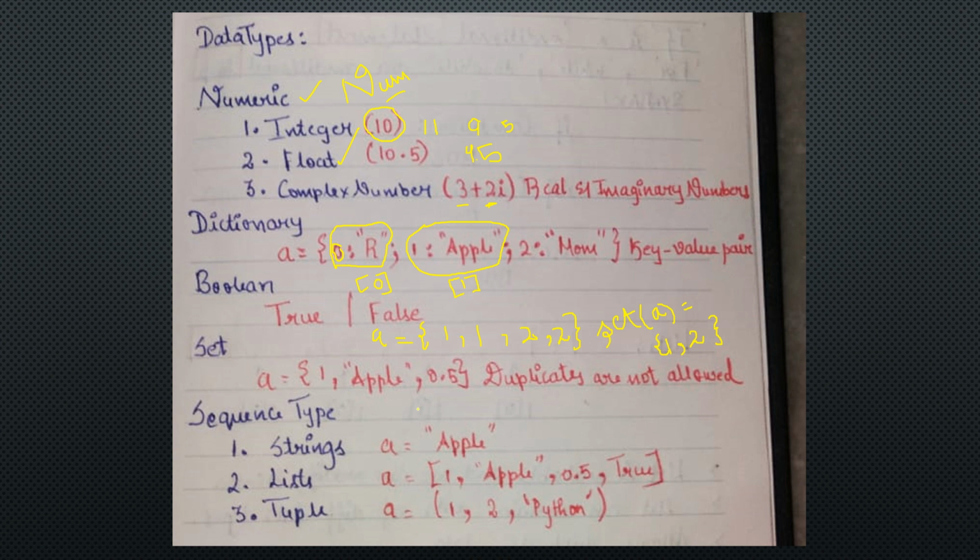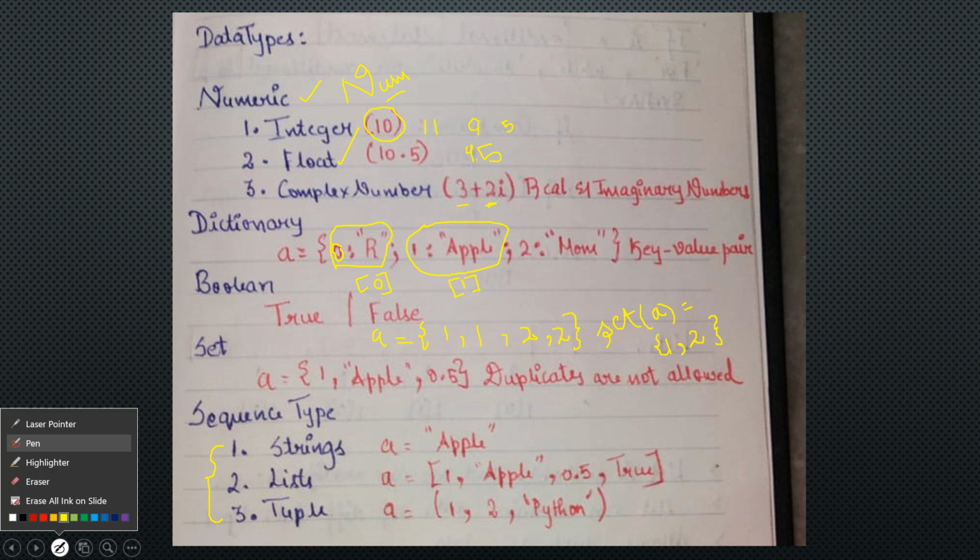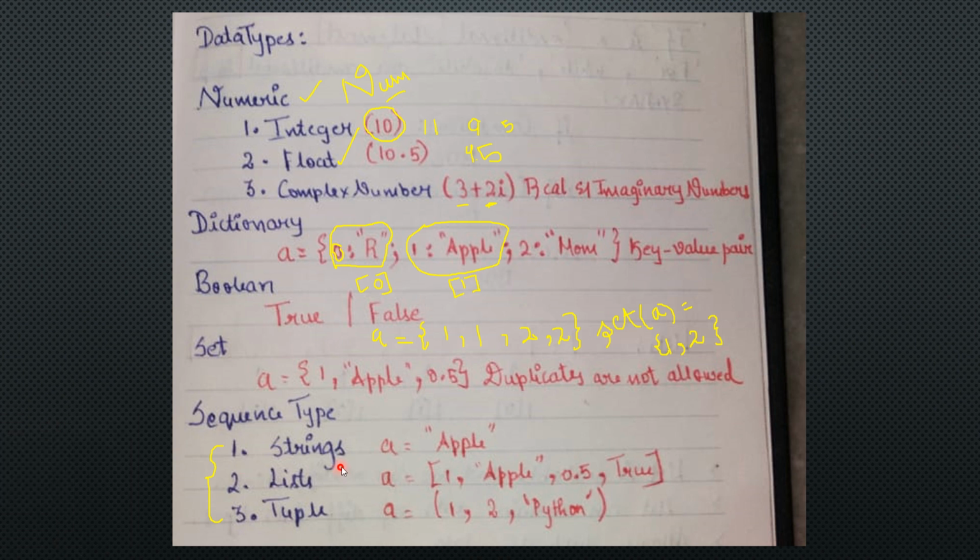Next is the sequence data type. Under the sequence data type we have three data types: first a string, next a list, and the third one the tuple.